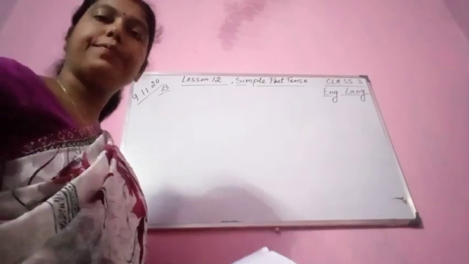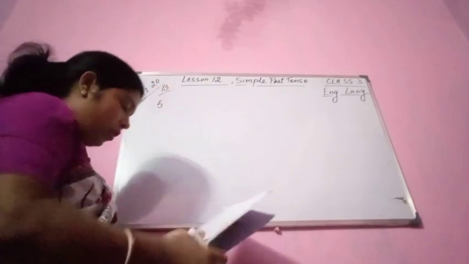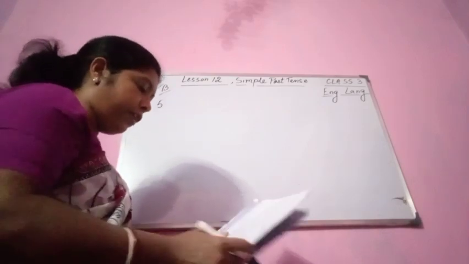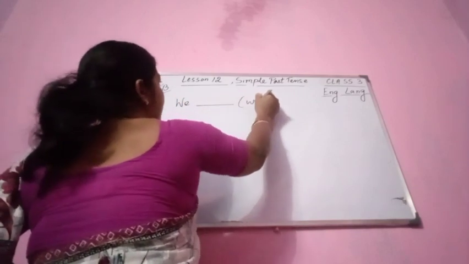Number 5, you see. We dash for the doctor for 1 hour. The verb given here is wait.